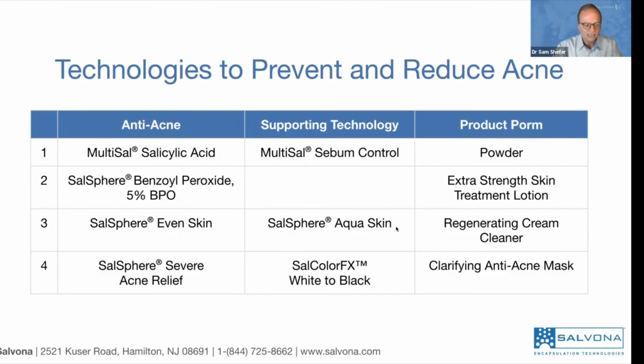This is called SalSphere Aqua Skin. Aqua Skin because it contains some extract from algae, and the algae in this case is used not just as an emollient, but as a technology to hold the water on the surface of the skin. The delivery is based on humectant and also on other functional ingredients that boost the transport of water toward the surface of the skin.